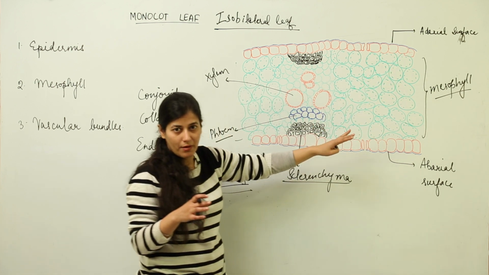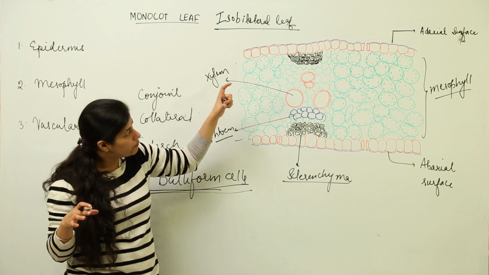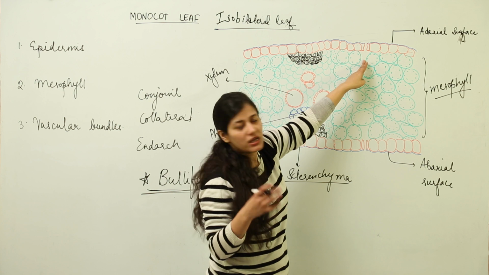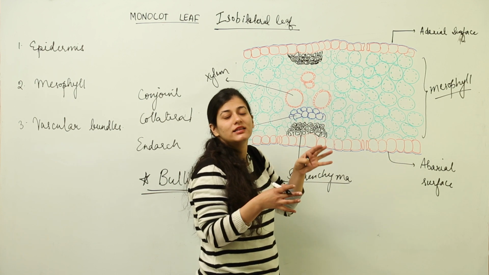This point you have to remember, that the stomatal pores would be uniform in their distribution in both the epidermises, and the free air space would be minimum. It would be very much less as compared to that in the case of dicot leaf.